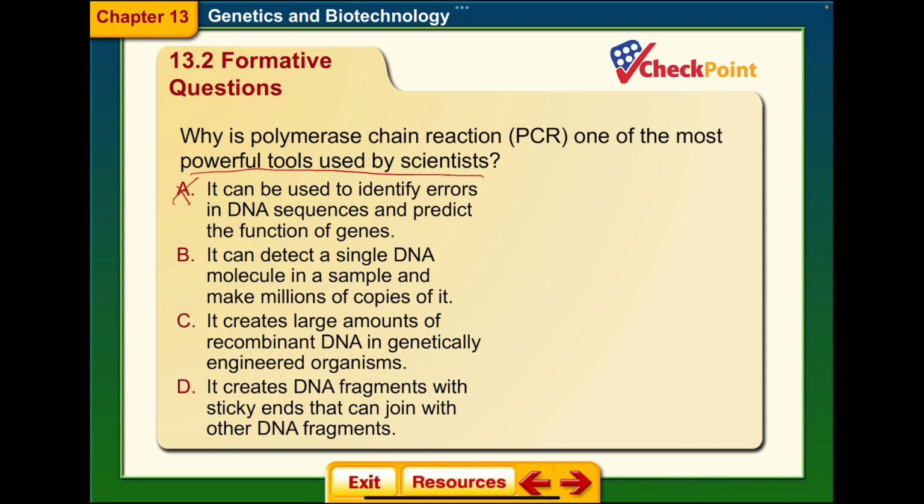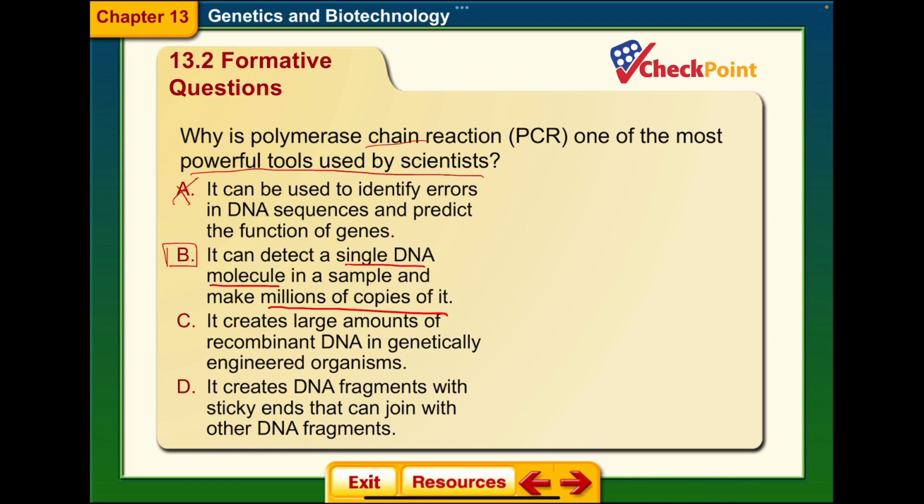PCR, polymerase chain reaction. Chain probably means making more of it, right? We're making a chain, so we're making more of something, millions of copies of something. So try to memorize it that way. Let's look at B. B says it can detect a single DNA molecule in a sample, and it can make millions of copies of it. Well, B is correct.